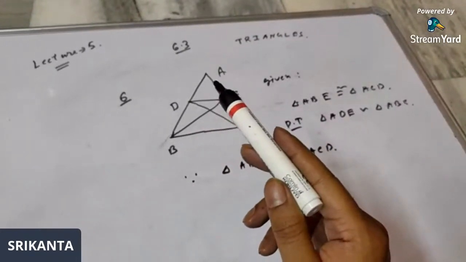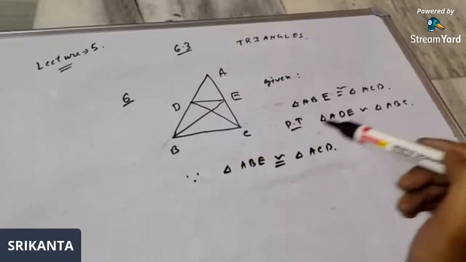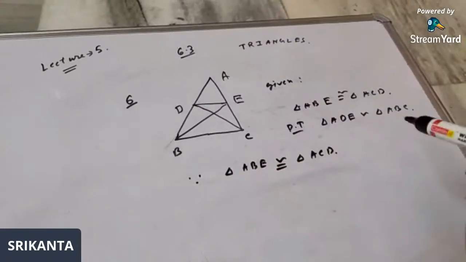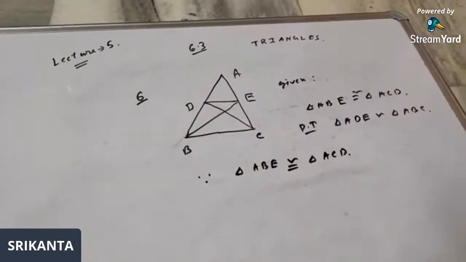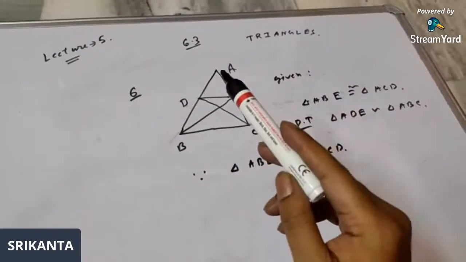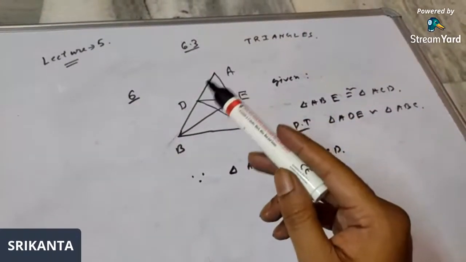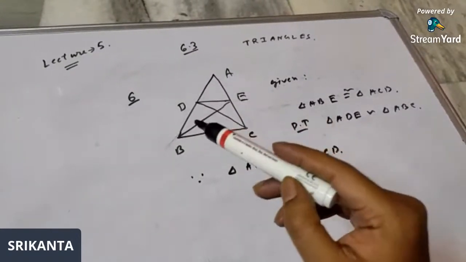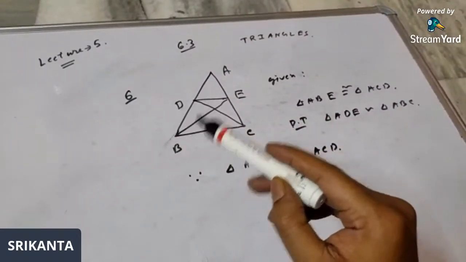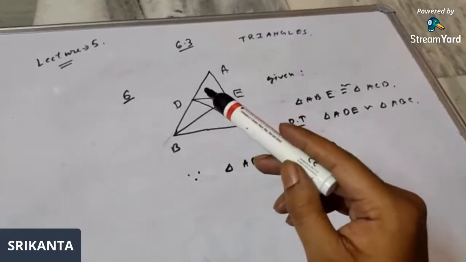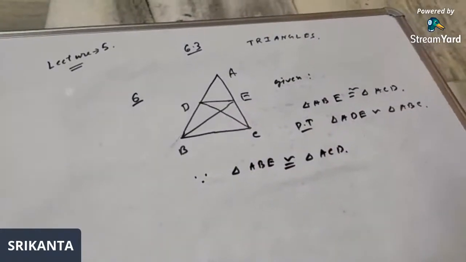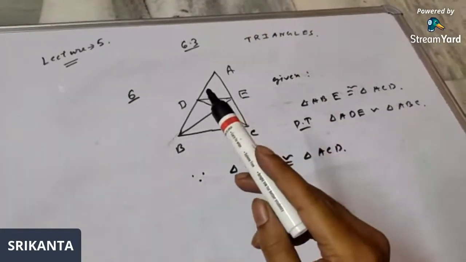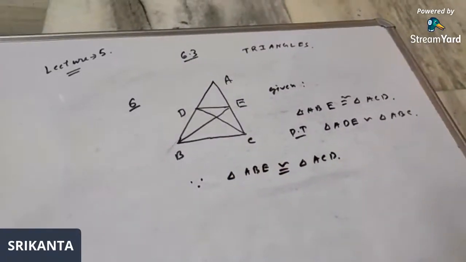First of all, angle A is common in both the triangles, right? We need to prove another angle. So if you are able to prove this angle and this angle are equal, then the proof will suffice. Now, how can you prove that?